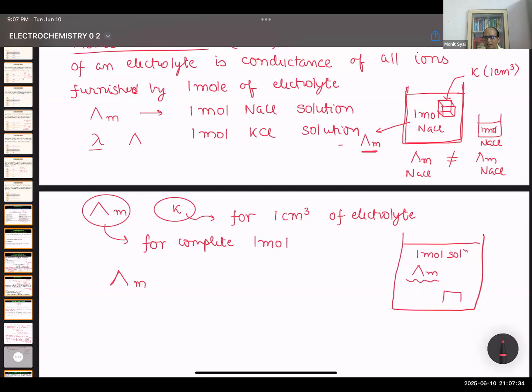And for 1 cubic centimeter, it is kappa. I can get the lambda m for complete 1 mole if I multiply the kappa, which is for 1 cubic centimeter, into the volume of this whole 1 mole.